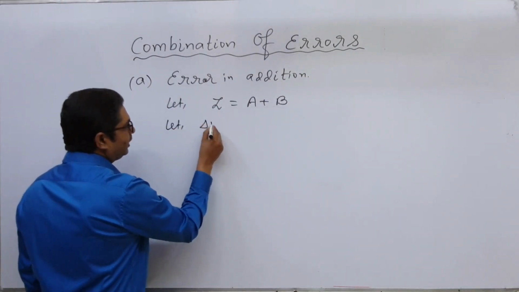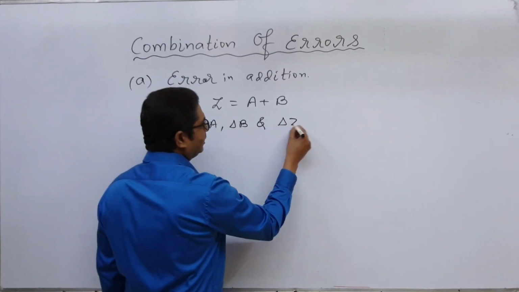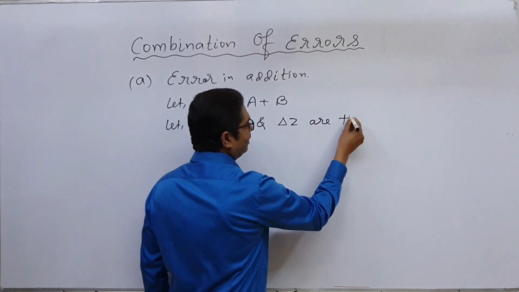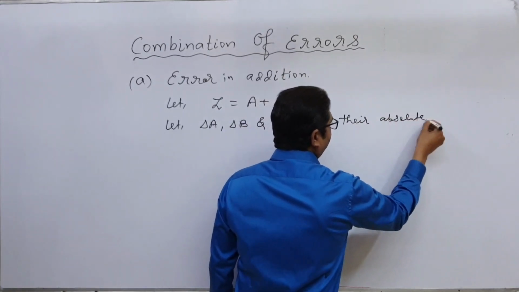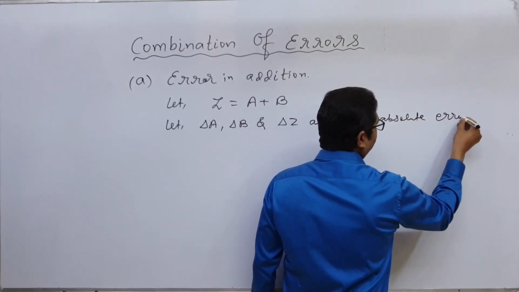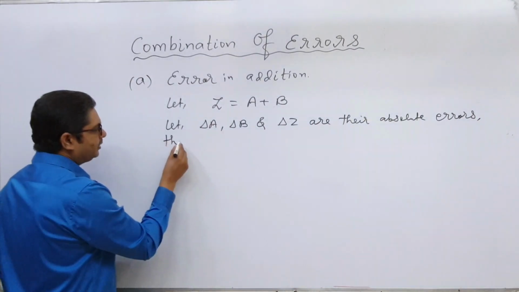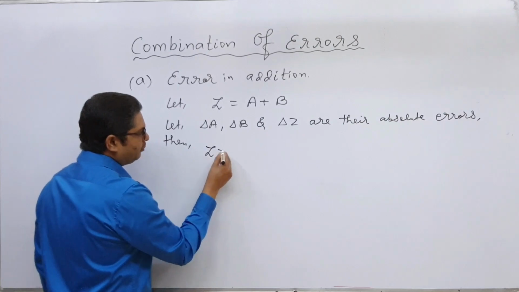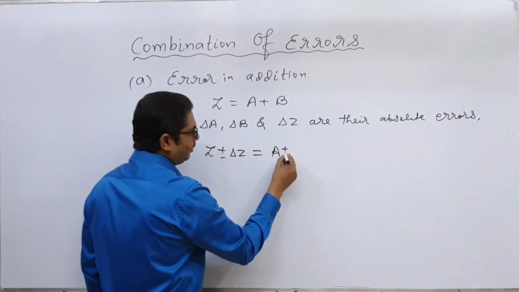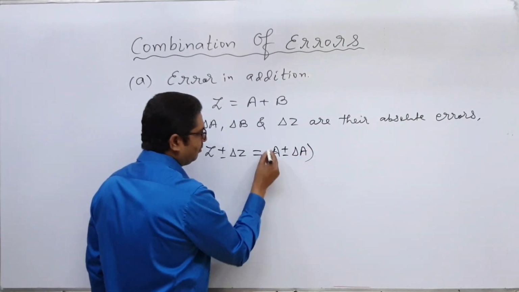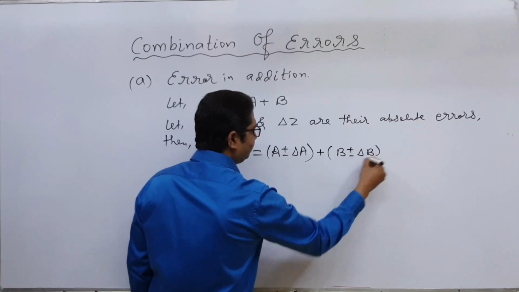Let delta A, delta B and delta Z be their absolute errors. Then you can write Z plus minus delta Z is equal to A plus minus delta A plus B plus minus delta B.